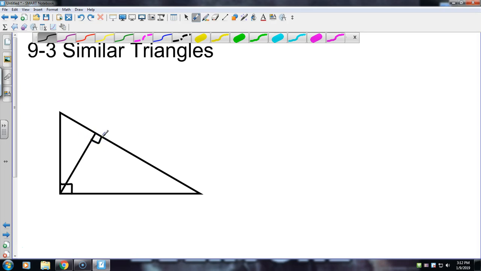Obviously both of those are 90-degree angles, but I'll just put it on one. Let's label some letters here. This is going to be A. We'll call the large triangle ABC, and then we'll call this point D.